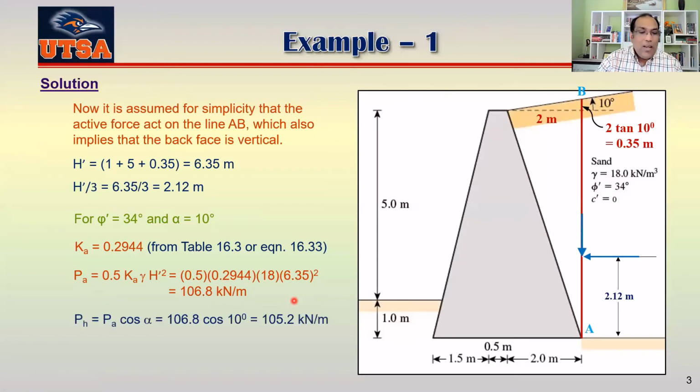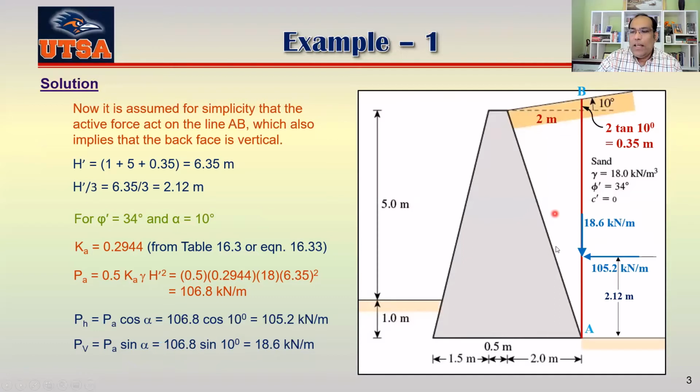If we calculate that, PH is equal to PA cosine 10, which is 105.2 kilonewton. Now you can see also the vertical component, which is 106.8 sine 10. So this one is 18.6 kilonewton per meter.